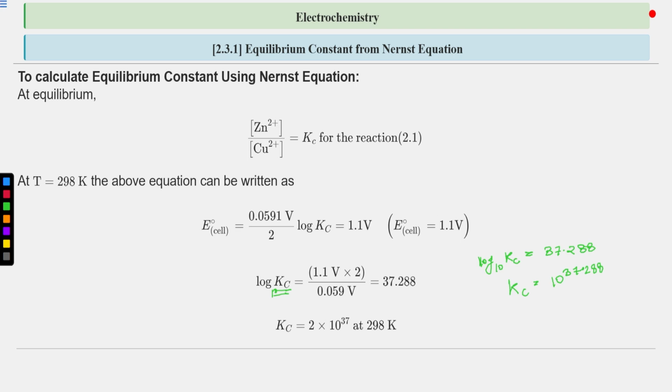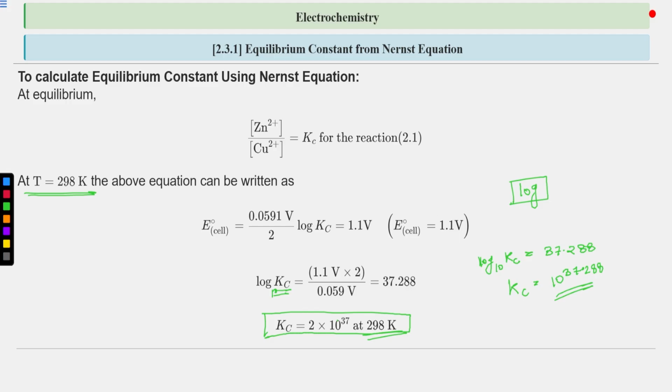As I said, you have to study logs in this chapter to understand the questions and examples. So Kc will be equal to 2 times 10 to the power 37. You just solve this at 298 Kelvin, T equals 298. So the Kc value comes out as this much at 298 Kelvin.